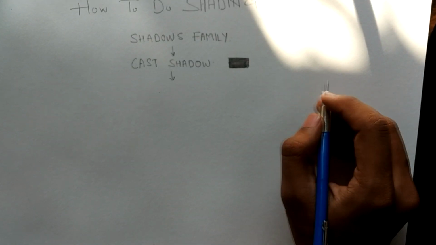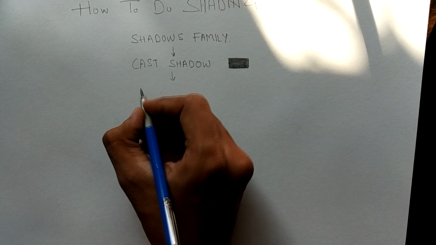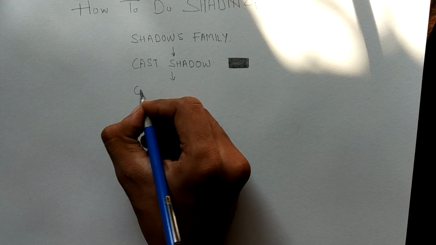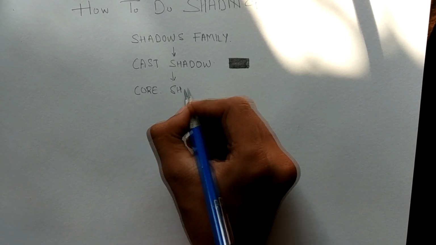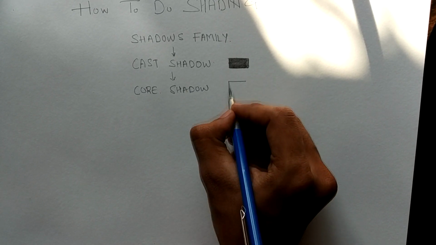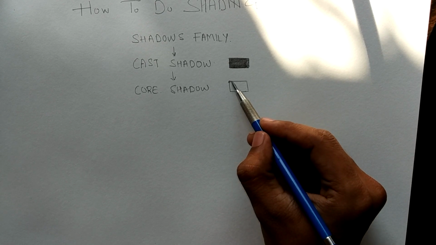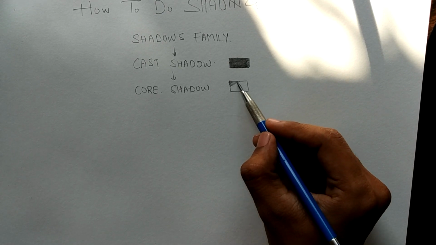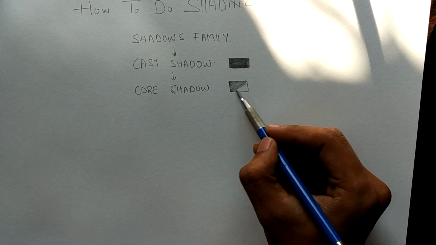Let's move on to the next part: core shadows. Core shadows are a little bit lighter than the cast shadows, and basically there is light passing, but that doesn't mean it's not black. The core shadows are the ones which form the curves or the shape on the object.